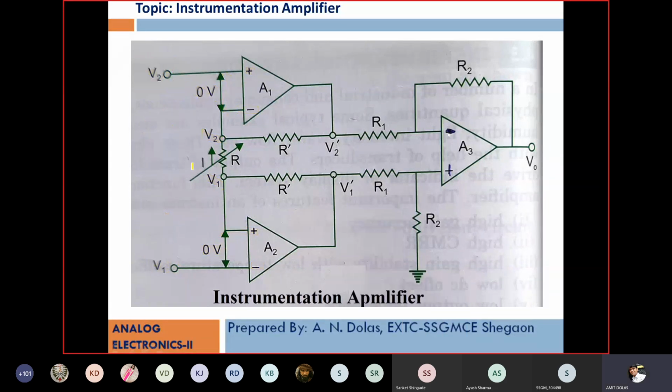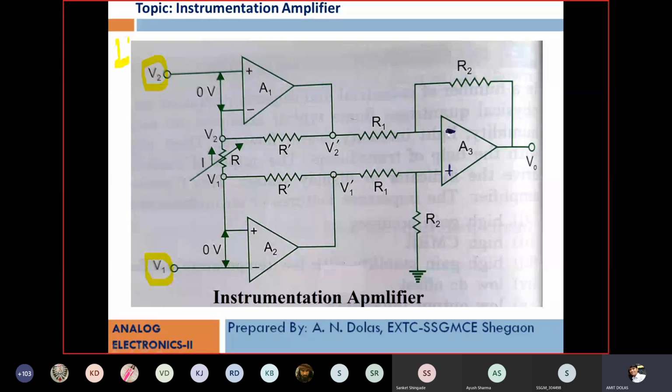Now we will consider the cases. As I said, there are three cases: V1 is less than V2, V1 is greater than V2, V1 is equal to V2. We'll take the first case, where V1 and V2 are the same.